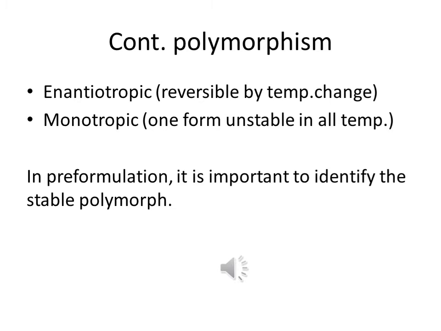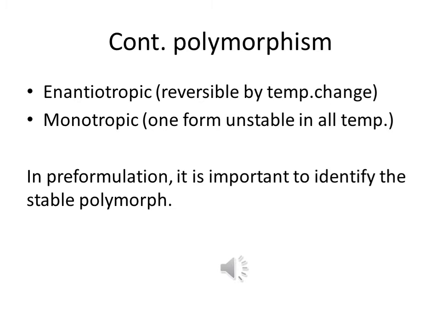There is no general way of relating enantiotropy and monotropy to the properties of the polymorphs, except by locating the transition temperature or the lack of one.